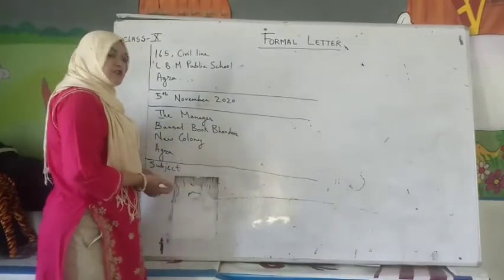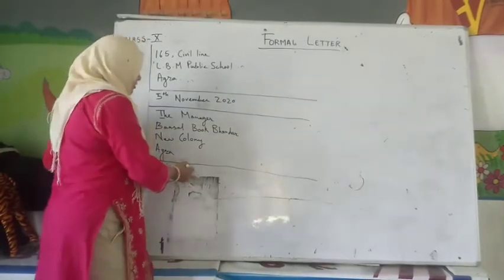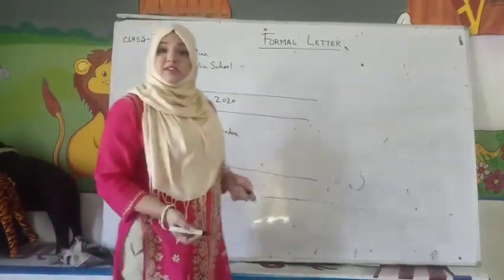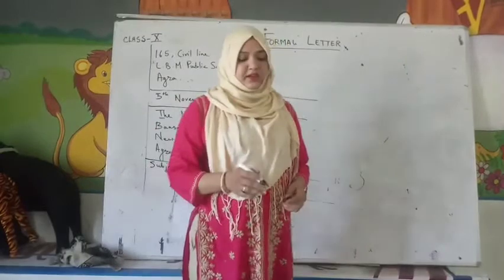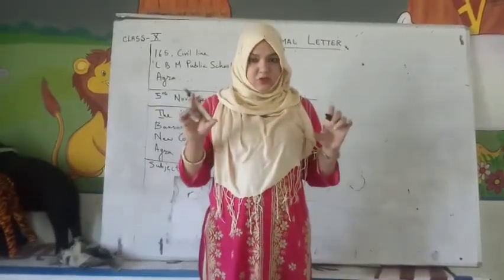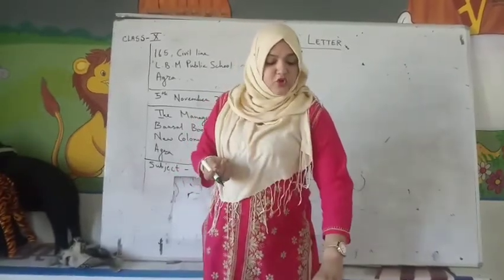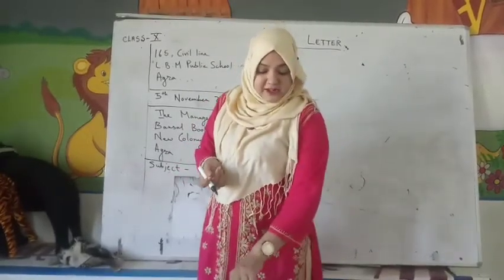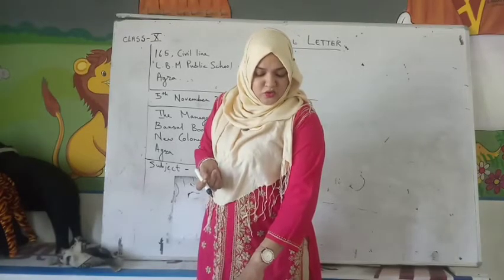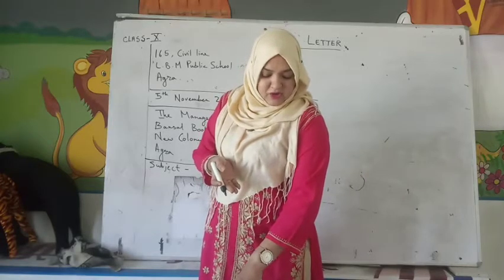Okay. So, here you will mention S-U-B-J-E-C-T, subject, and you will put a dash and write what the subject is. What is the letter about? That is also going to be given. It is already given in the question, where they have written, write a letter of complaint to the manager about the problem.